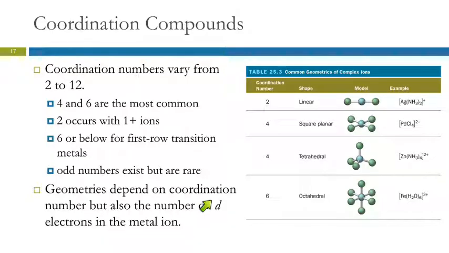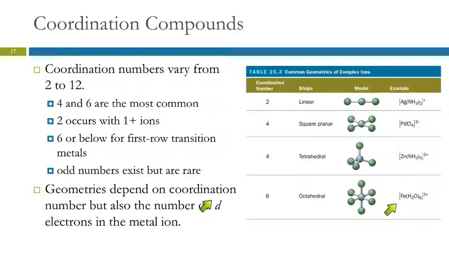The geometries should look familiar to you from VSEPR theory. So the geometry is going to depend on the coordination number, but it's also going to depend on the number of d electrons in the metal ion. So it's not always what we expect.